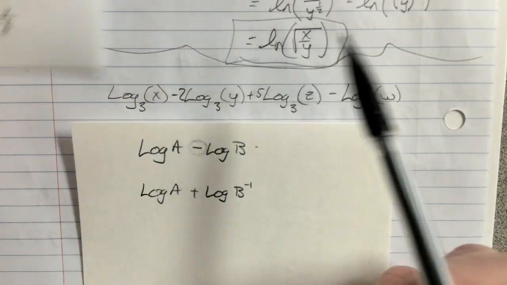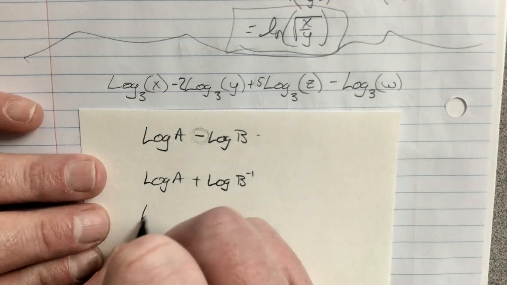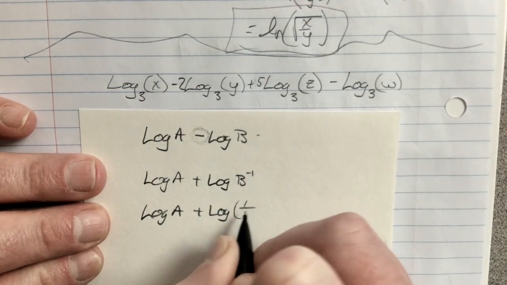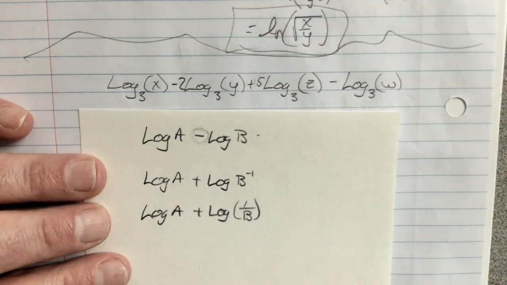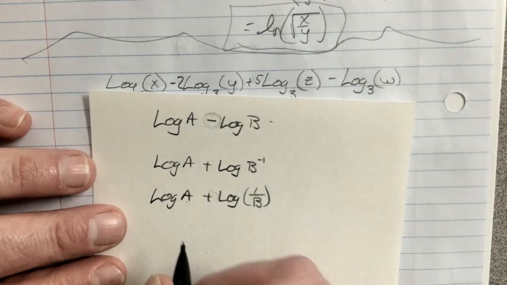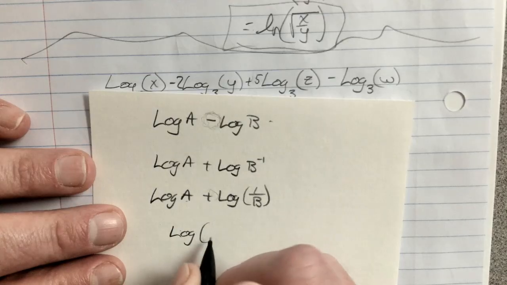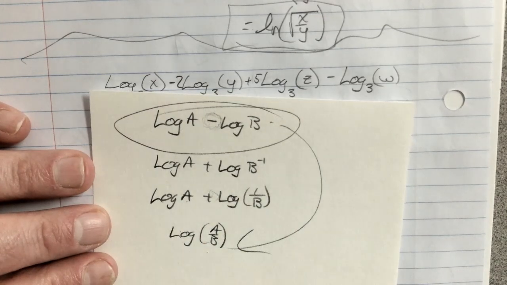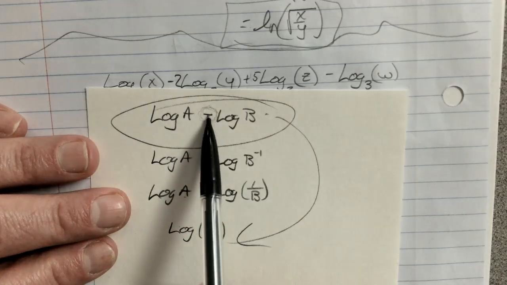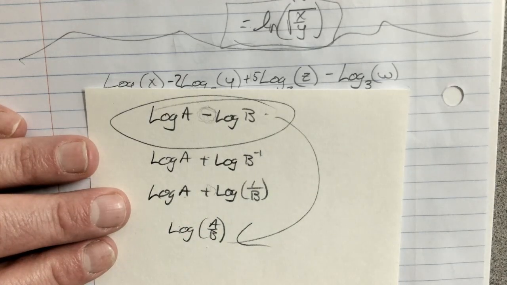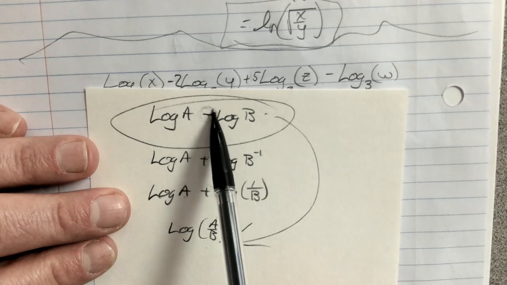We go down. So this then becomes log A plus log of 1 over B to the first. Now we multiply A times 1 over B, and we get the log of A over B. We already knew that, but this idea of turning negatives into a positive with the exponent becoming negative is valuable.